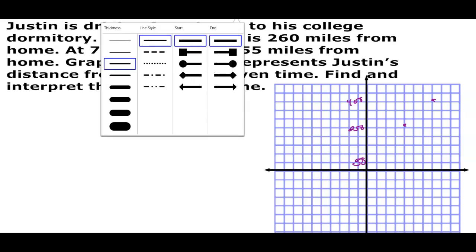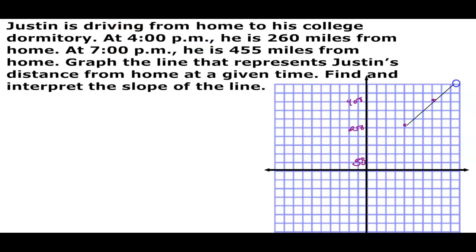If I go from here to here, I can extend it in the other direction. This is what my line's going to look like. Hopefully it's a perfectly straight line when you draw it, but that is my line that represents his drive time.